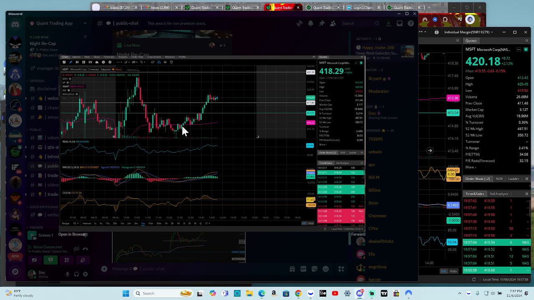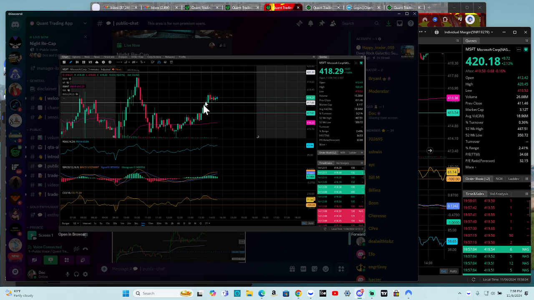Now, I liked it after it bounced off the VWAP, but when I really liked it to share was when it did this bull pull and then a flag. Now we have a super technical analysis pattern that we can all recognize.